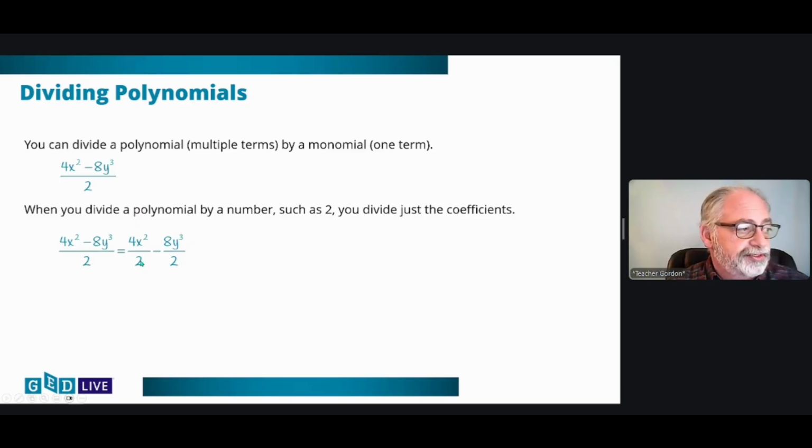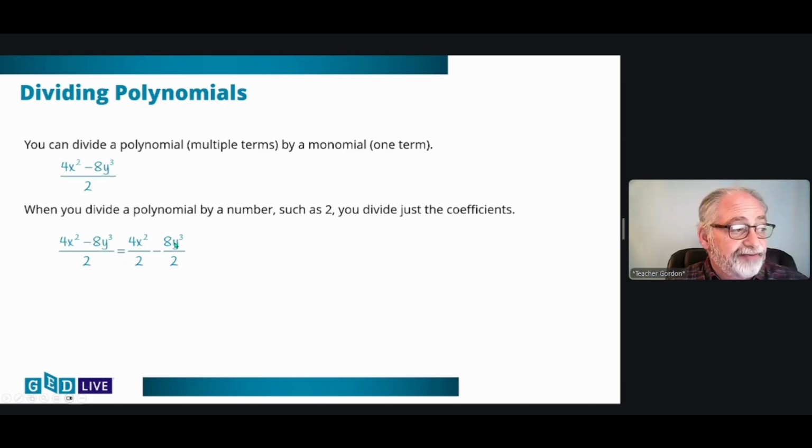So see if you can tell me in the chat what 4x squared divided by 2 would be. What do you think 4x squared divided by 2 would be? You're thinking multiplication. This is division. Yeah, it's 2. It becomes 2x squared.